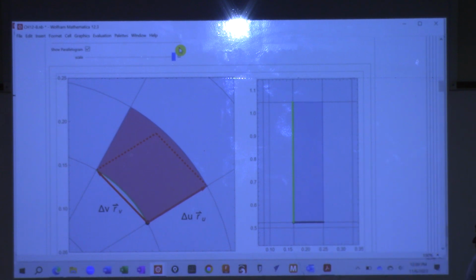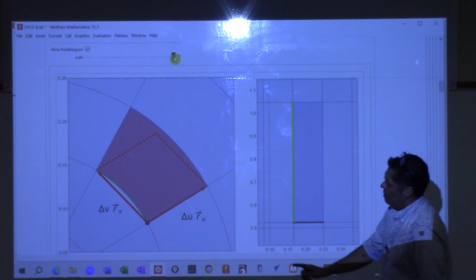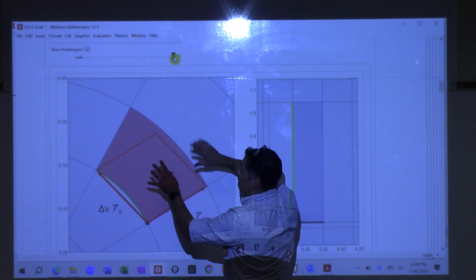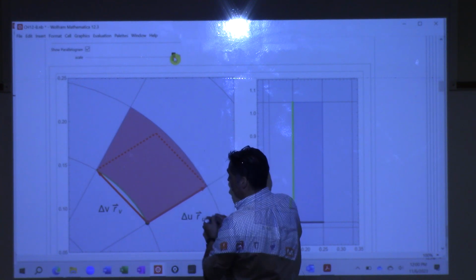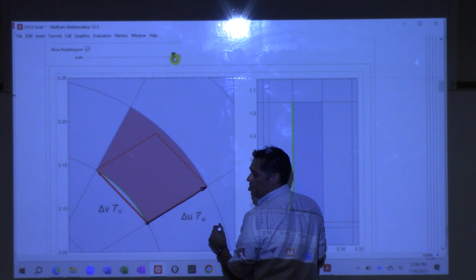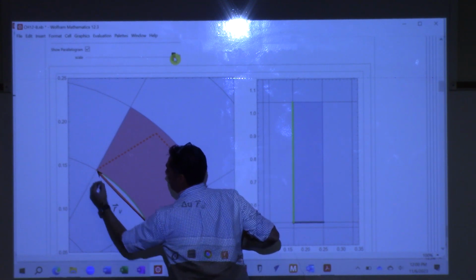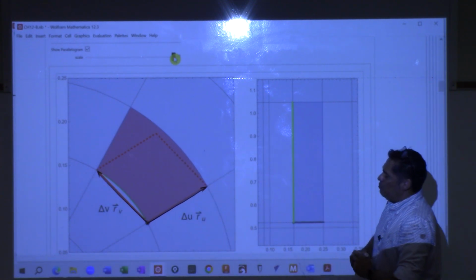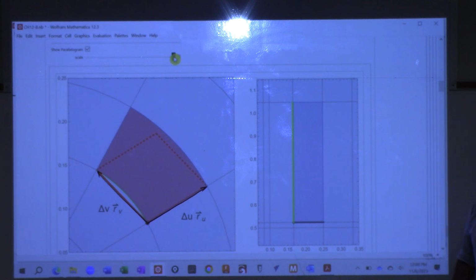So the way to do this is to realize that if this was a surface, then we can come up with a vector that goes from here to here and a vector that goes from here to here. And the red dotted box, well, actually it's not a box, it's a parallelogram.